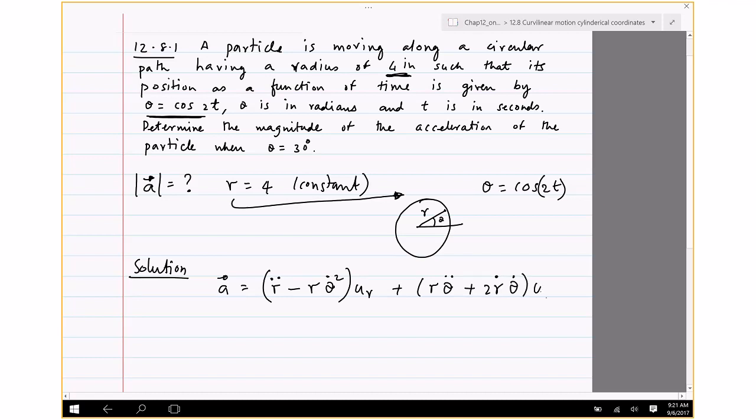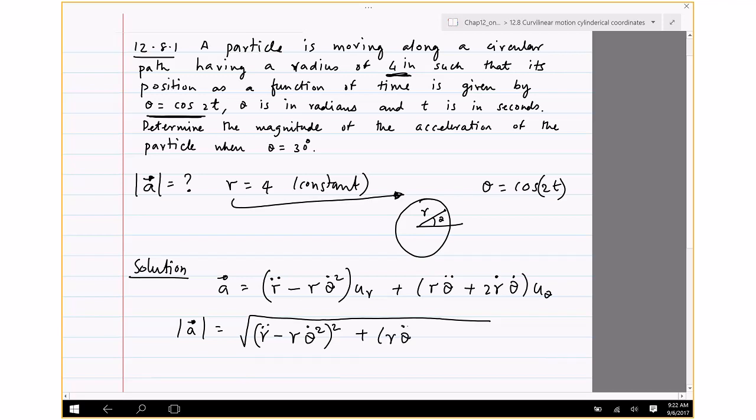I got this formula from the previous slide. If I want to find the magnitude of the acceleration, all I need to do is take the r component, square it, and add it to the theta component after it's squared.